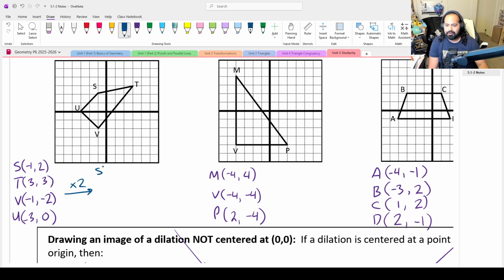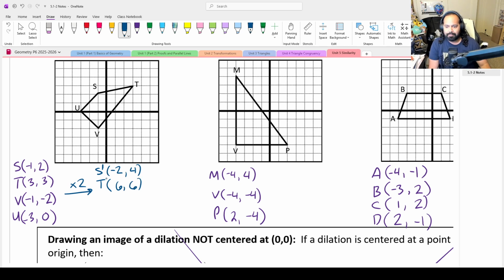So then S prime is going to be -1 times 2, which is going to get you -2. Then you take 2 times 2, write your y coordinate there, that's going to get you 4. So that's where S prime will be located. T prime, same thing. You're going to take those 2 3s, you're going to multiply them by 2. That'll get you 6 comma 6.